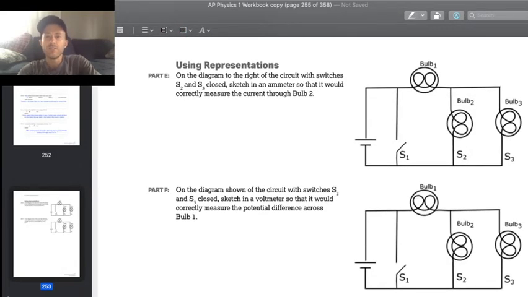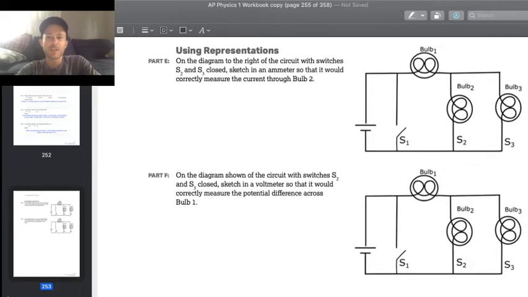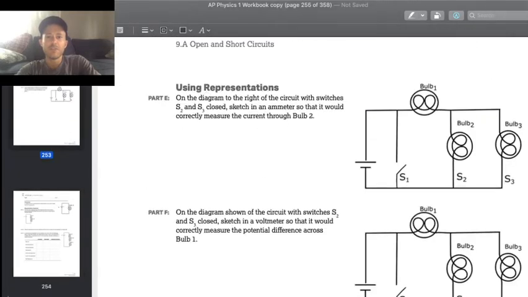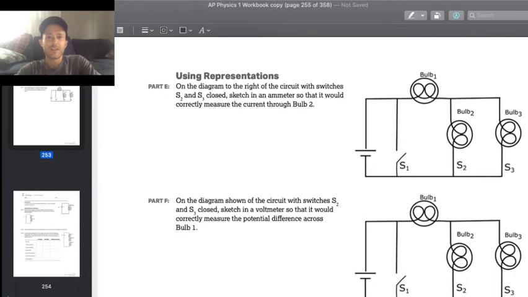Okay, so we're on to part E. Using representations. On the diagram to the right of the circuit with switches S2 and S3 closed, sketch in an ammeter so that you could correctly measure the current through bulb 2.